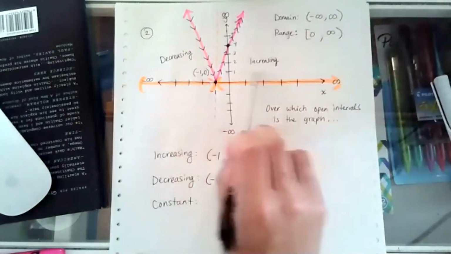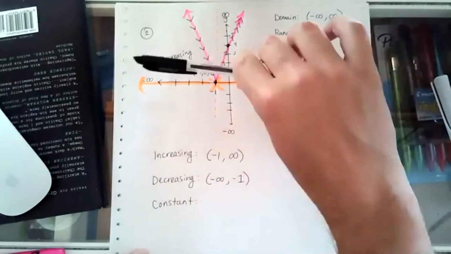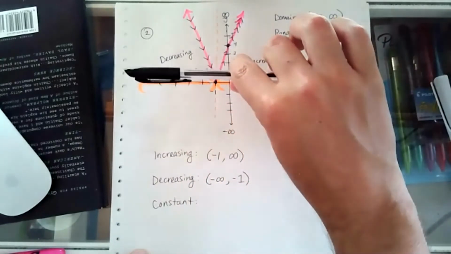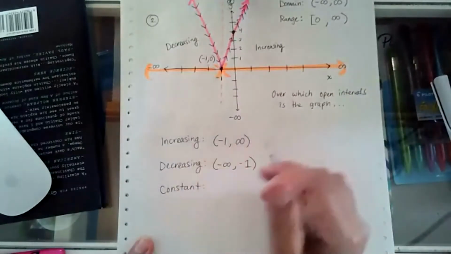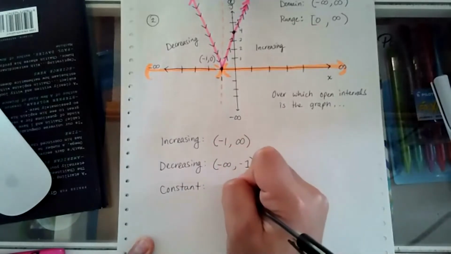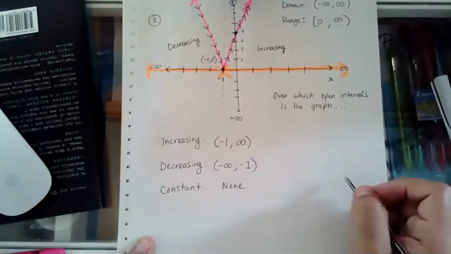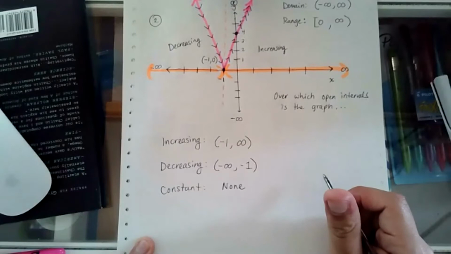There's only two behaviors for this graph. It doesn't look like we have a flat region of the graph at all. So that's okay. Not all graphs will have all three of these behaviors. For constant, we're going to say that there are no regions where the graph is constant.